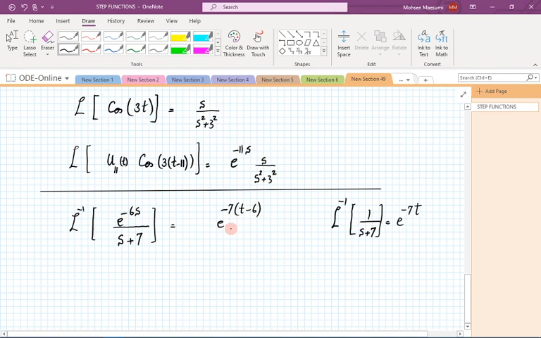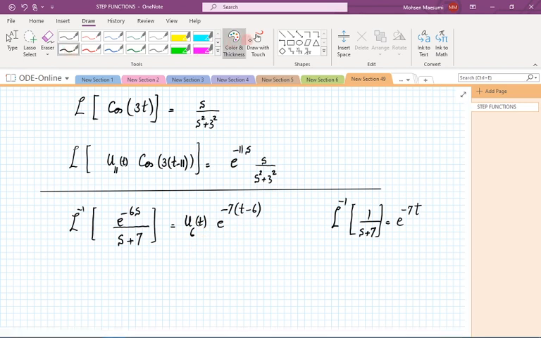What else? Part 2 of it is that there is a switch that's going to kill the signal before 6 seconds. So I need a switch that is effective at 6 seconds. It's off before 6, and after that it turns on. So that is the answer to this problem.